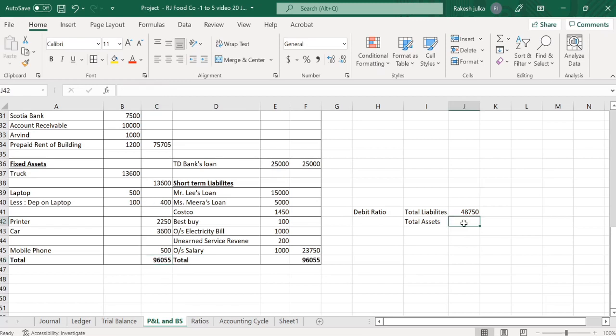So here I simply write the equal to sign and click on this, 96,055, and pressing enter, you will see the total liabilities and total assets that we have here.